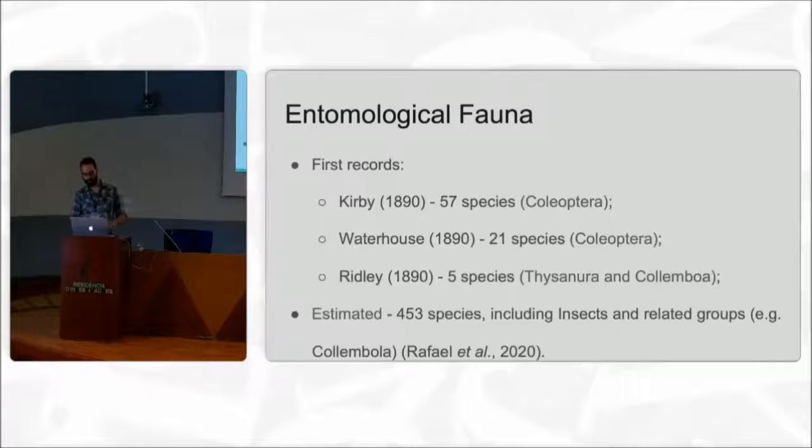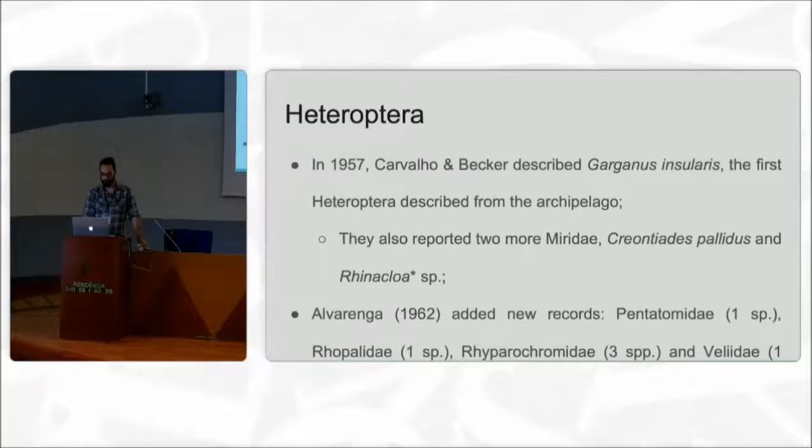In 2020, Rafael and collaborators estimated that the island has 453 species, including other groups like Collembola.